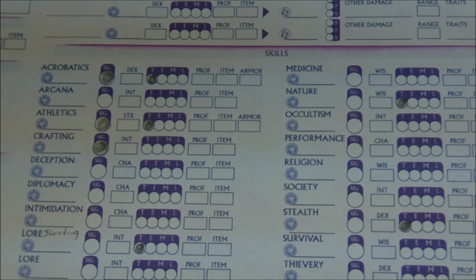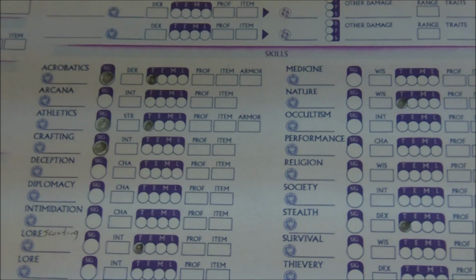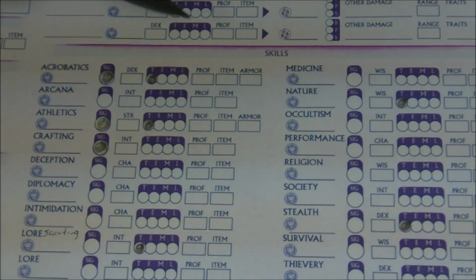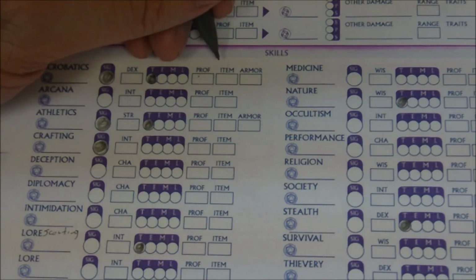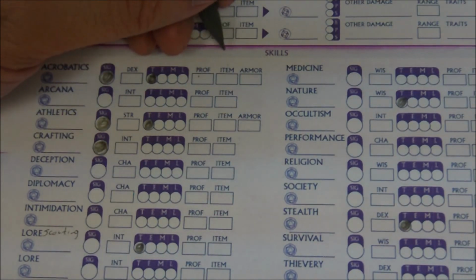Alright, so the next thing we need to do is just fill out our proficiency bonuses for all of these skills. So the ones that we are trained in, it's going to be our level, which is going to be +1. And anyone that we're not trained in is going to be -2 plus our level, which will be -1.